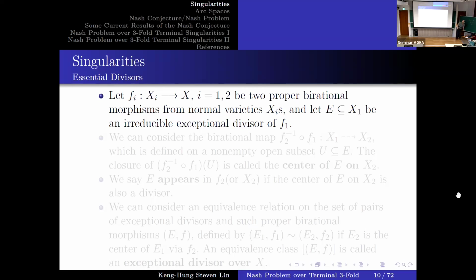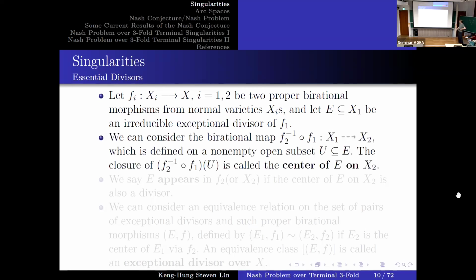So except for the singular locus, we know that F2 inverse composed with F1 will give you a generic isomorphism between X1 and X2, except for the exceptional locus, right?